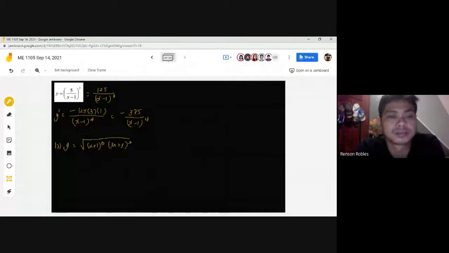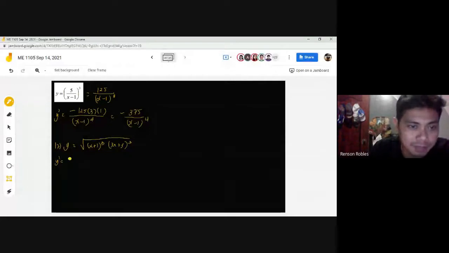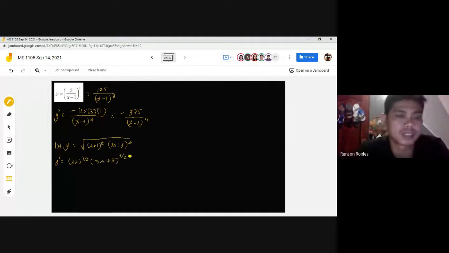So, anong uunahin natin? You can write this of the form, x plus 1 raised to 3 halves times 3x plus 3 raised to 3 halves. And then you can use the formula or you can simplify.